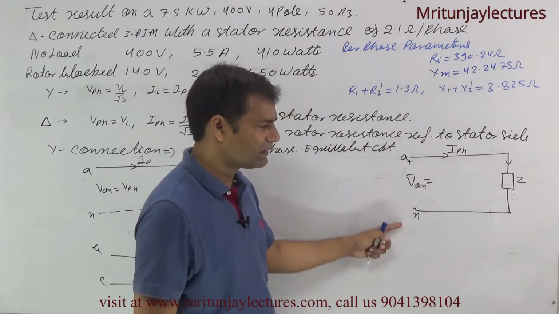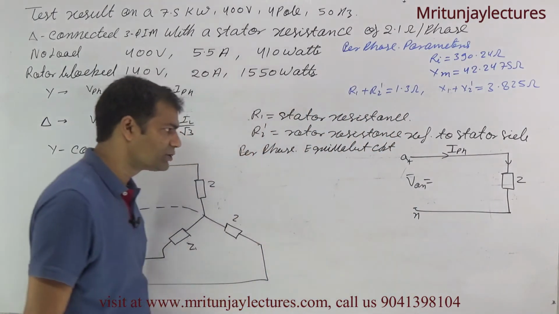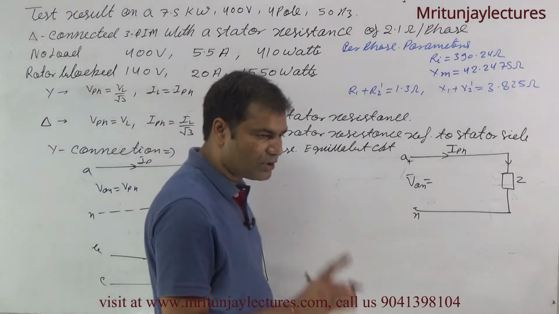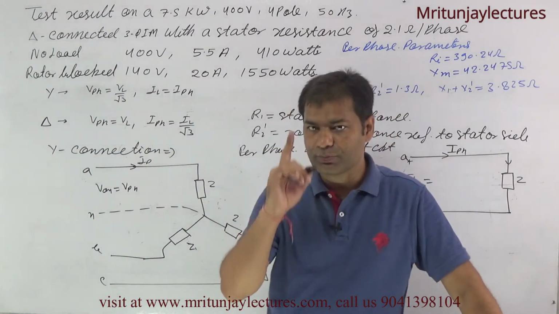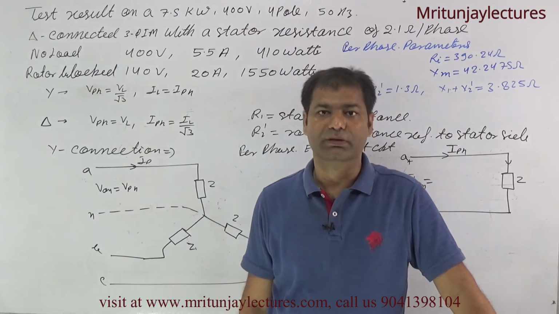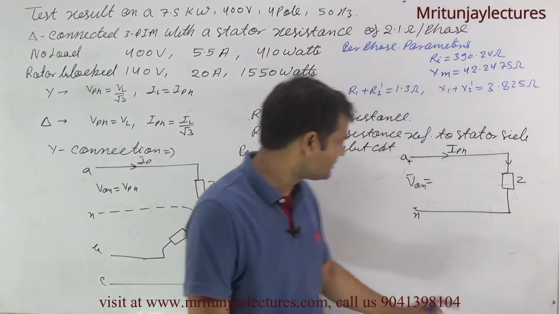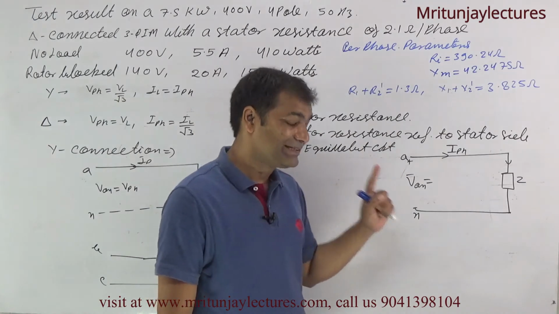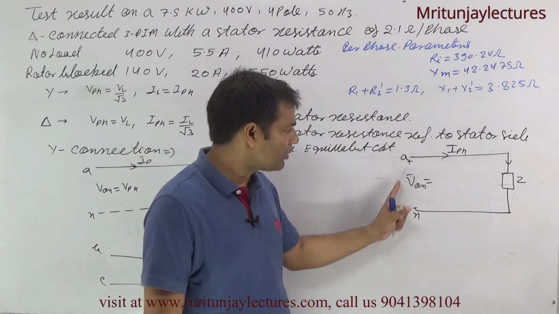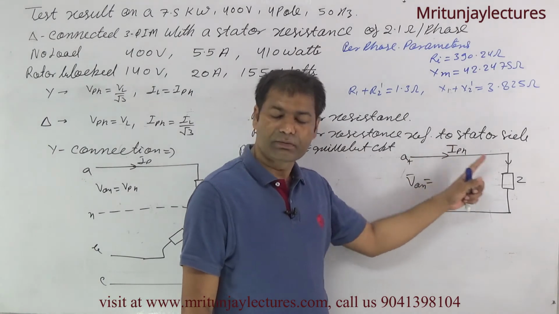This is the per phase equivalent circuit. If you want the per phase equivalent circuit, you make it corresponding to neutral and phase. This is the exact definition of the per phase equivalent circuit.